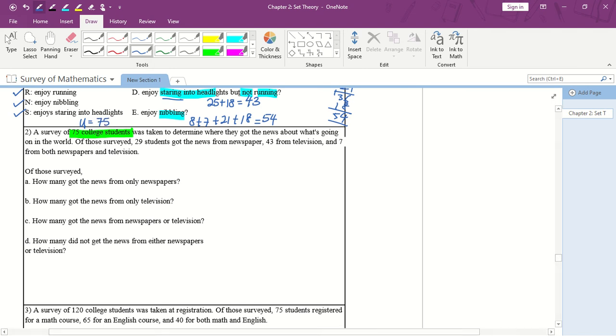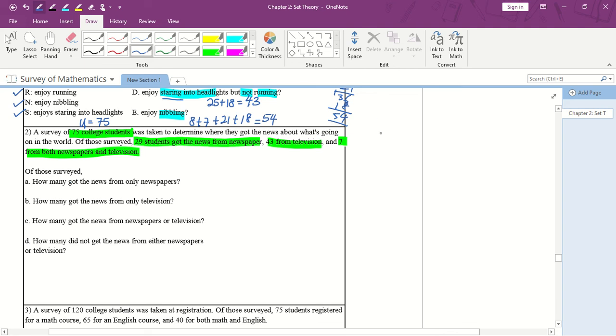And next, of those surveyed, 26 students got the news from newspaper, 43 from television, and 7 from both newspaper and television. Okay, then it comes to the questions. So without looking at the questions, let's try to make a Venn diagram and try to put everything inside.